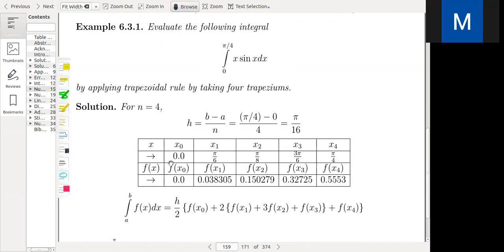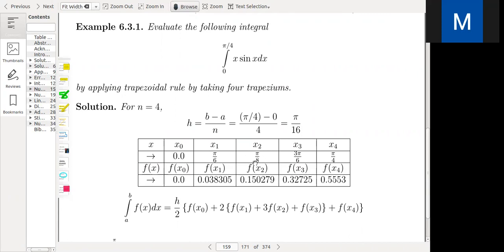So 0 is the first initial point, and the next point is 0 plus pi by 16, which is pi by 16. Then we add pi by 16 to pi by 16, so we will have pi by 8.